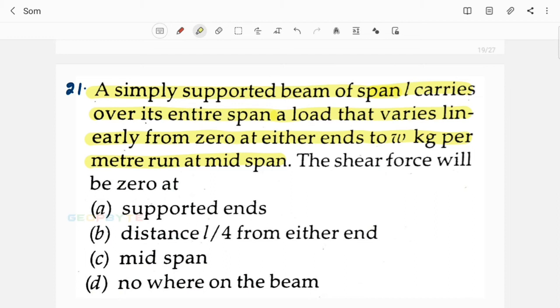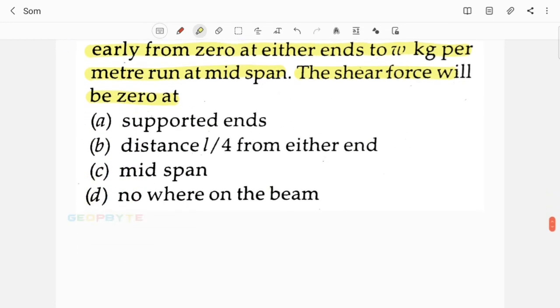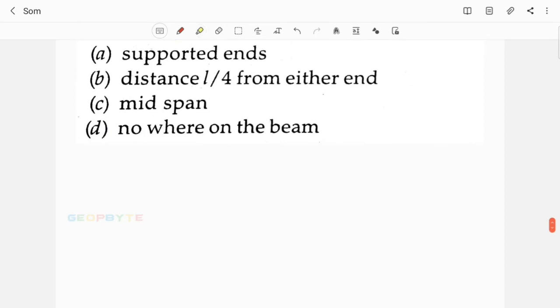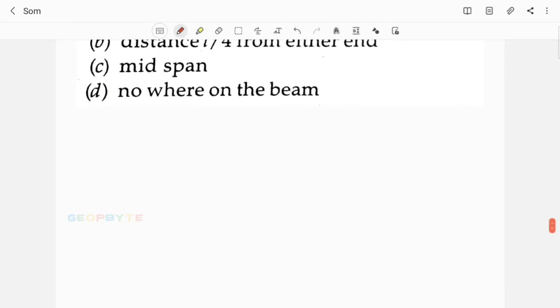Therefore, the shear force will be 0 at... So, for this case, the diagram may be like this. Let us take the simply supported beam, one support, other support.